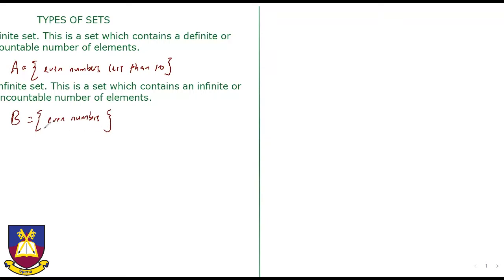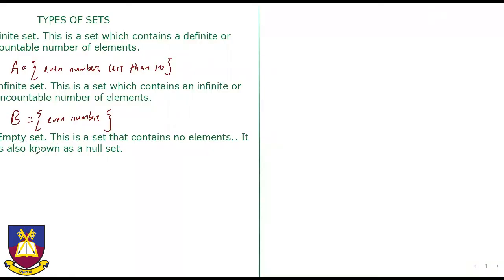Now, the set of even numbers is unlimited. It contains an uncountable number of elements. We could name as many numbers that are even as possible. So this set here has an uncountable number of elements, and therefore it is said to be an infinite set.